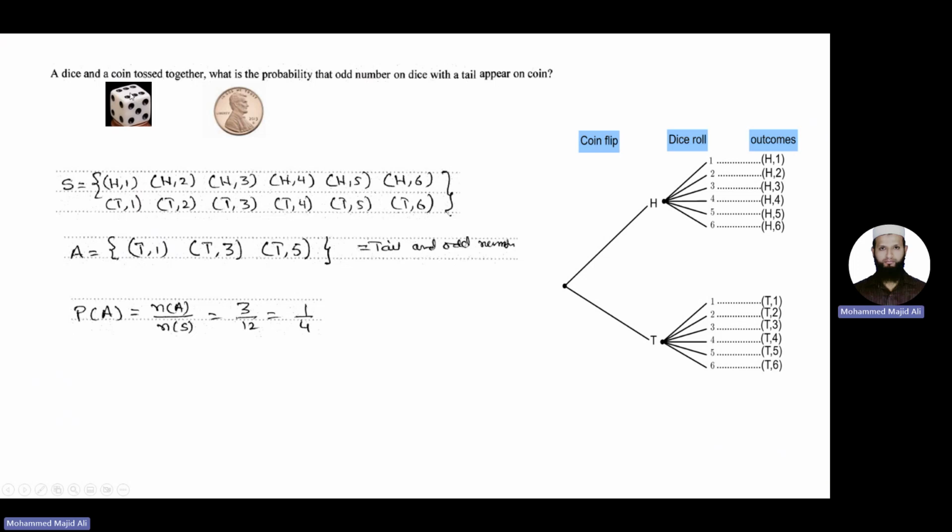If you see this picture, a dice has 6 faces. Each face is numbered 1, 2, 3, 4, 5, 6. That means 6 sides will be there.